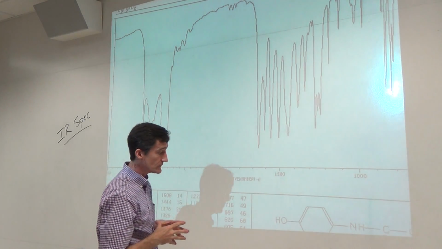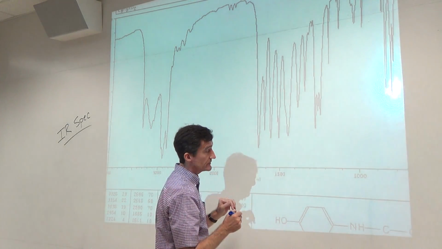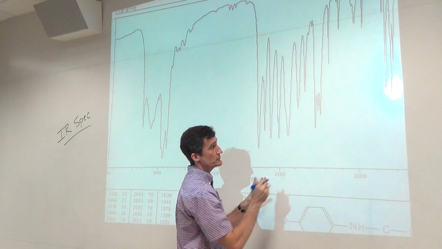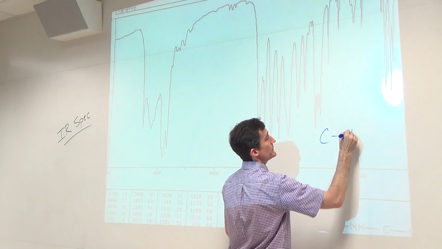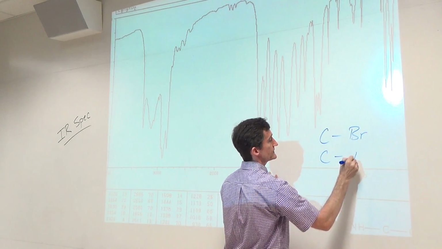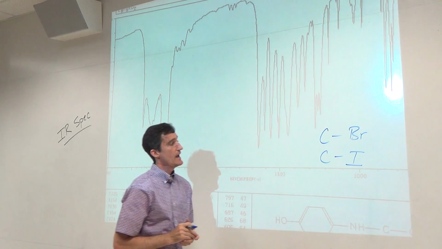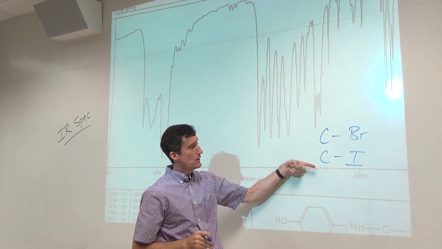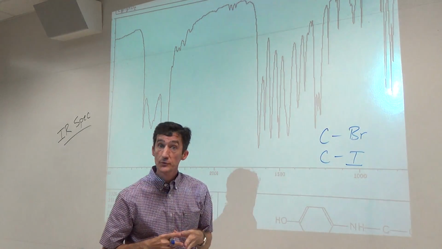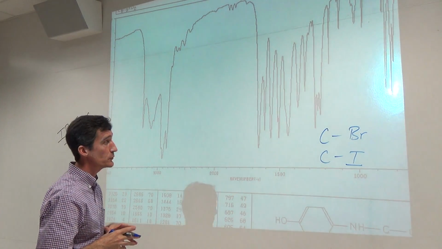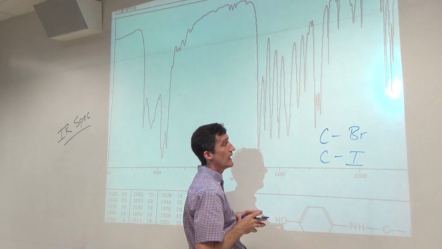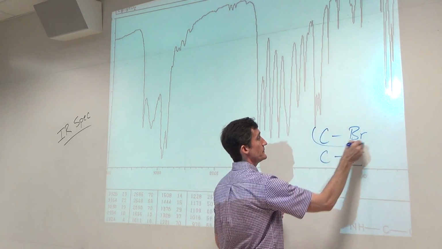Okay? We can even do some examples here. If I show you maybe a C-Br bond versus a C-iodine, and ask which will have the highest wave number absorbance in IR, that would be the C-Br.